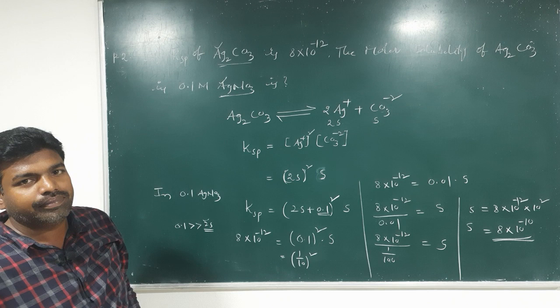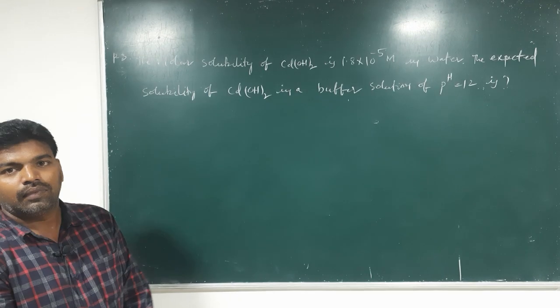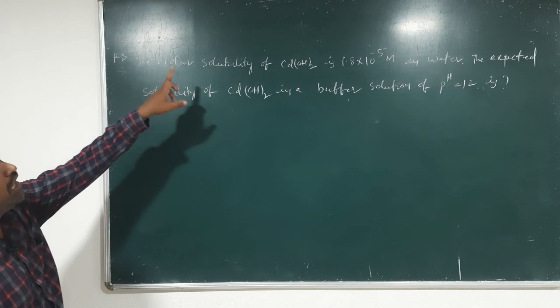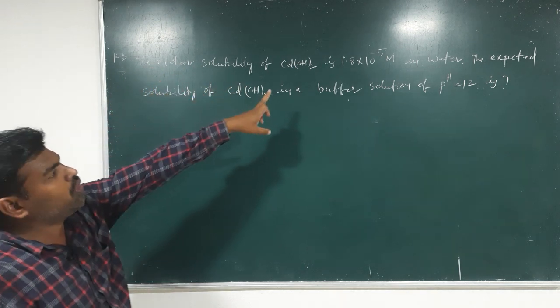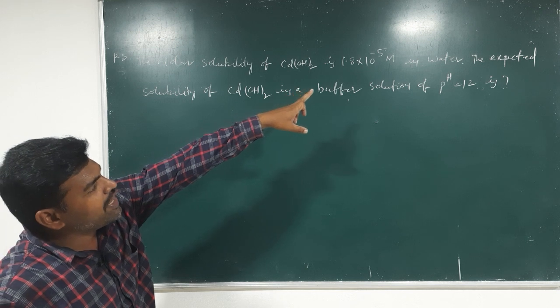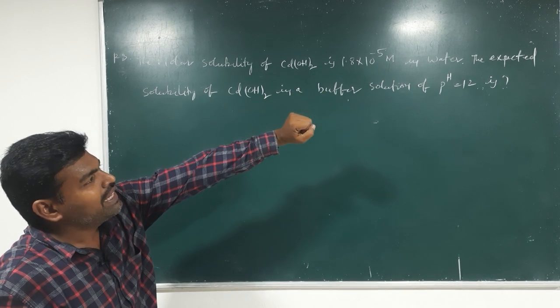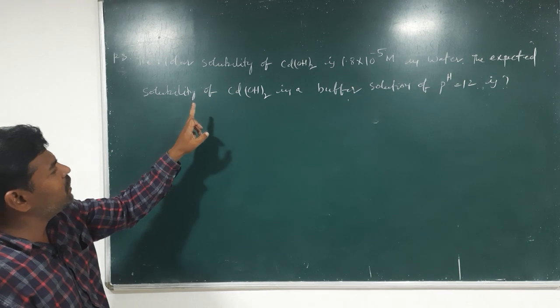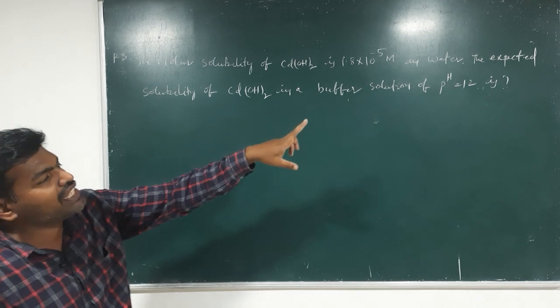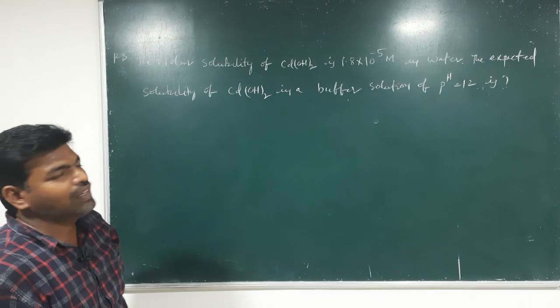Next problem. Problem 3: the molar solubility of cadmium hydroxide is 1.8 into 10 power minus 5 molar in water. The expected solubility of cadmium hydroxide in a buffer solution of pH 12 is, right.